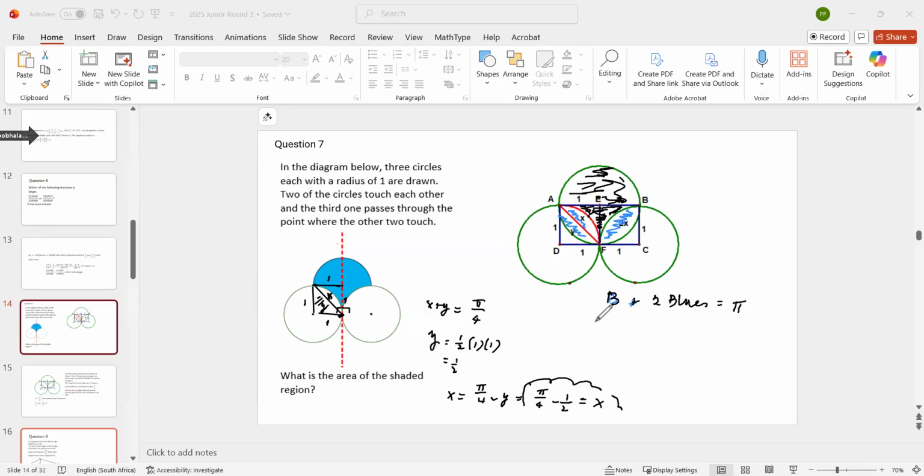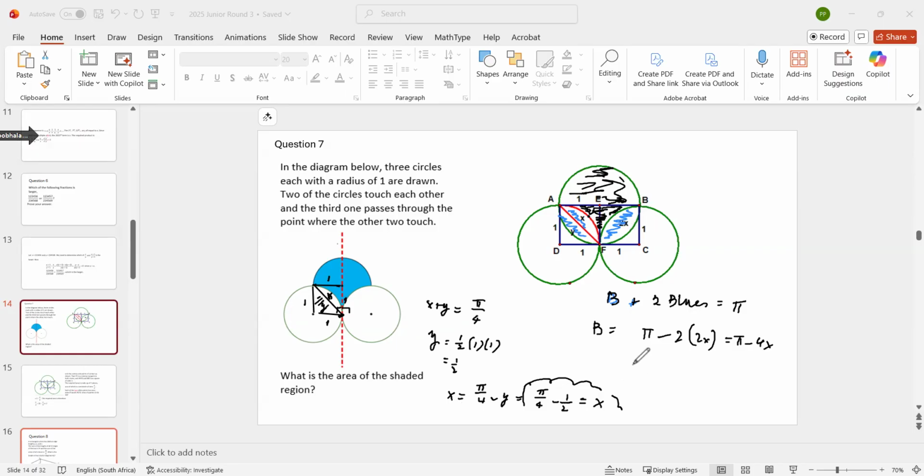So we are looking for the black. So the black is pi minus two blues, but the blue is 2x, right? We saw this. So therefore, this is pi minus 4x.